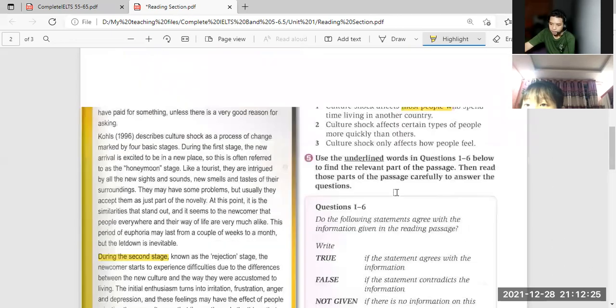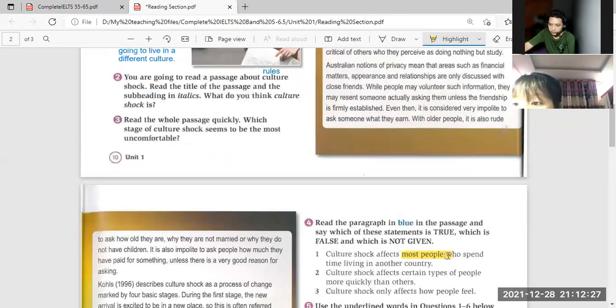And let's read here. Culture shock affects most people who spend time living in another country. So the answer should be true, false, or not given.